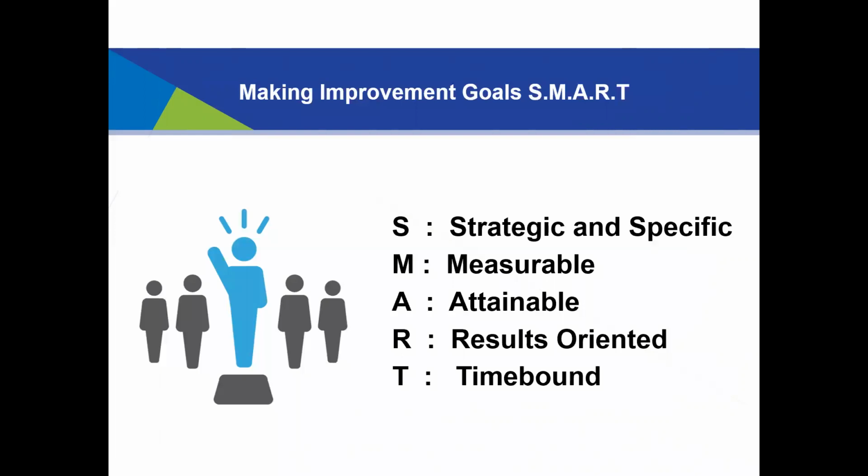A stands for they must be attainable. Yes, you want stretch in your goals, but you need to be thinking about incremental progress, reasonable progress to meeting those goals, and they need to be framed clearly with stretch in mind, but you want to be anchored in attainability. And you want to be able to be results oriented.